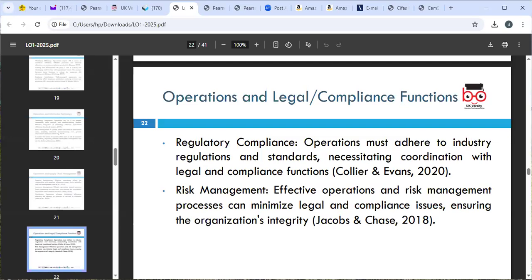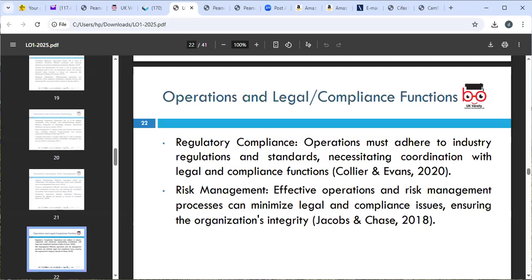So there should be some kind of risk management in place to mitigate those that may happen, whether it is going to be a huge impact or less impact. You need rigorous risk management in place to minimize those legal and compliance issues that may occur, things that you may not have done or complied with regulatory, which may come with fines and other issues, okay.